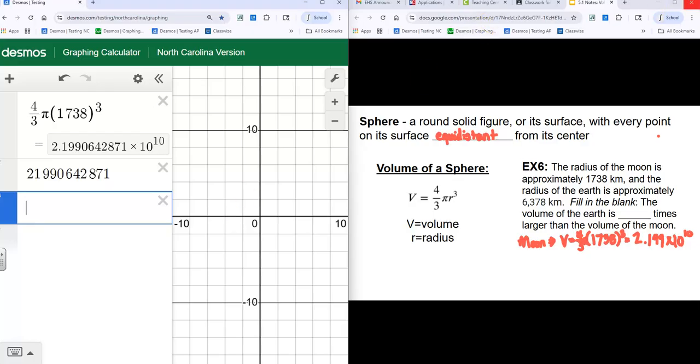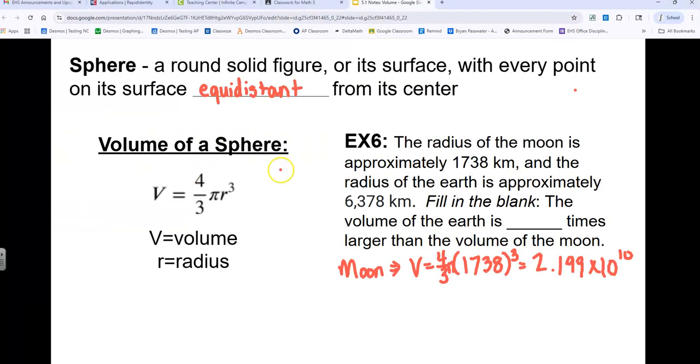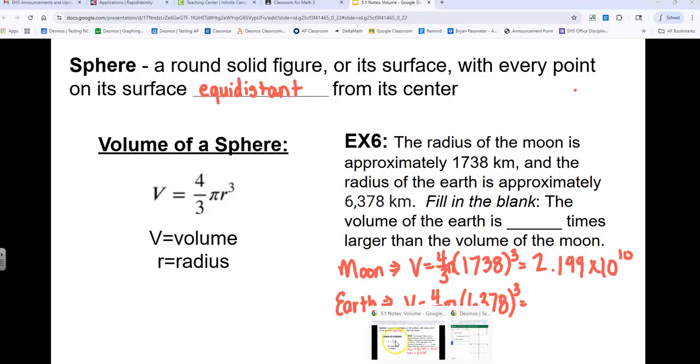If we go back to the Earth, we've got 4/3 pi times the radius, which is 6,378 kilometers, and we're going to cube that, and we're going to see what Desmos gives us on this one.